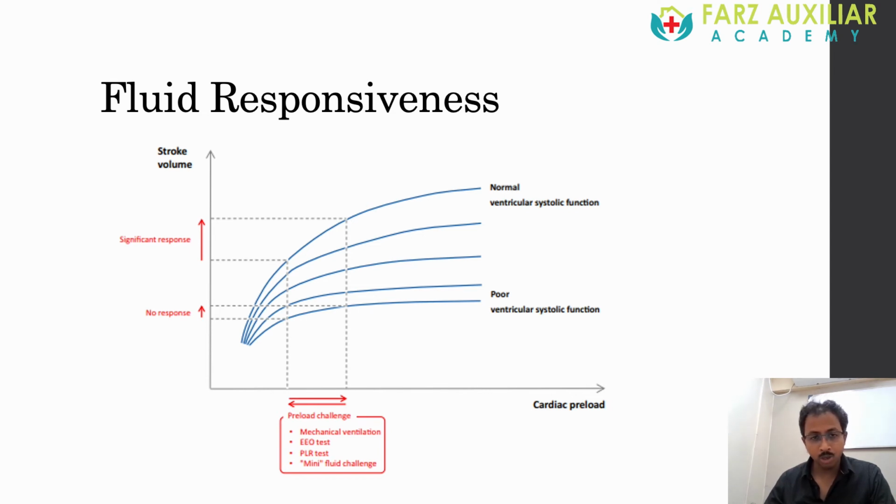But the same preload challenge, if the patient's heart is on the last curve, when the heart has very poor ventricular systolic function, will lead to a very minimal change in the stroke volume. That means further fluid in this patient will be detrimental. We can identify this with the help of echocardiography just by looking at the diastolic function also, along with, definitely, the systolic function first.